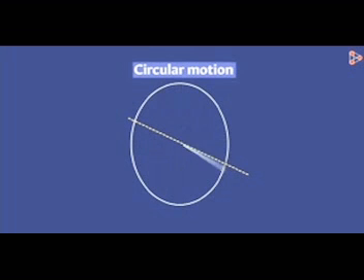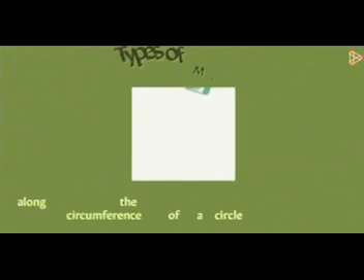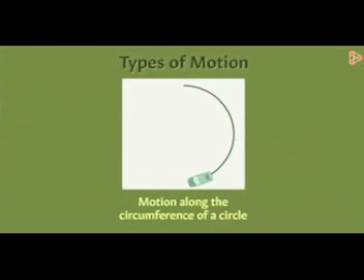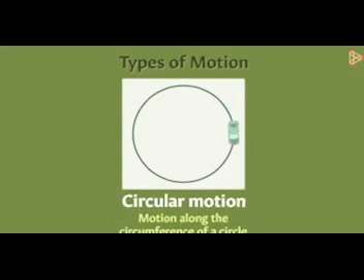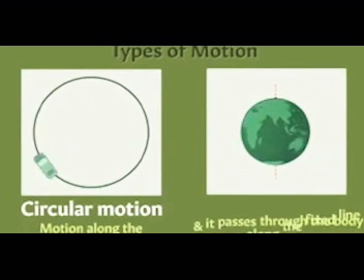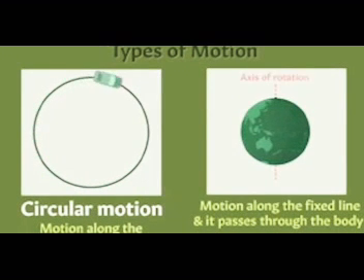So this is the difference between circular and rotational motion. If a body moves along the circumference of a circle, we say that it's performing circular motion. And if the body is spinning around a fixed line called the axis of rotation, and that axis of rotation passes through the body, we say that it's undergoing rotation.